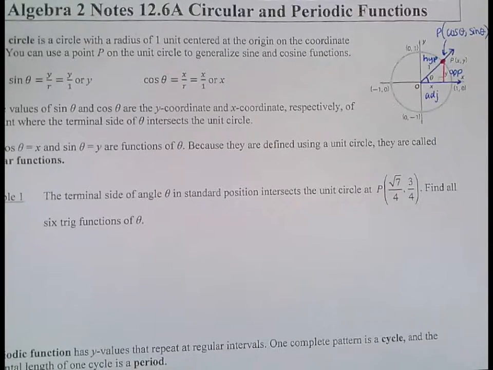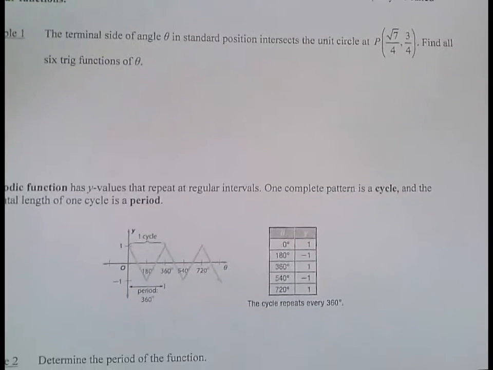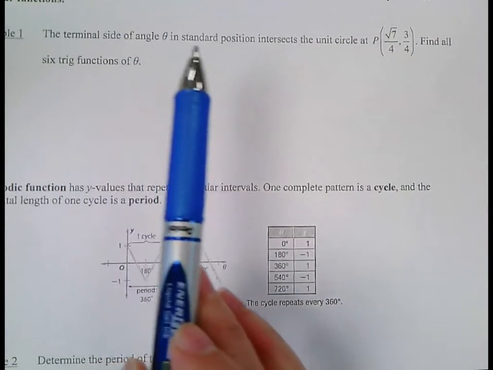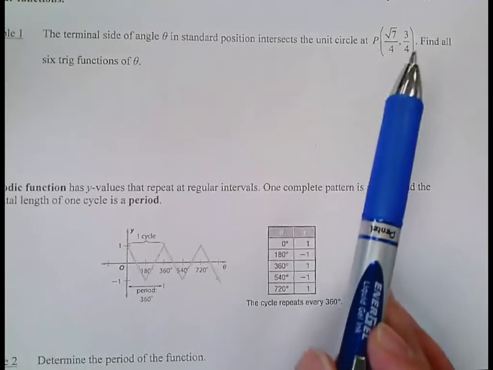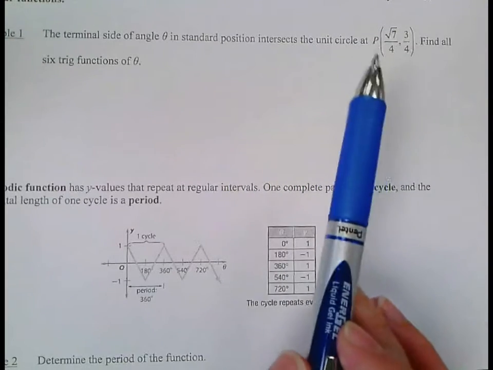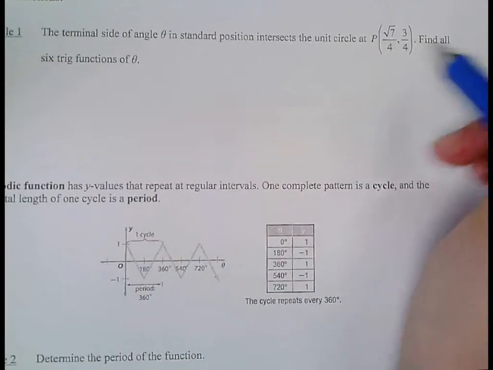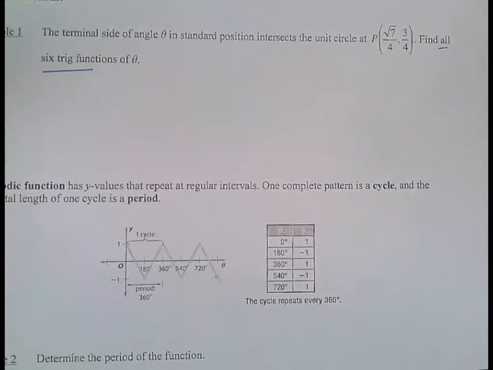So the first example that we're going to go through, you'll have examples where it gives you the terminal side of angle theta in standard position intersects the unit circle at some point. So this point is square root 7 over 4 and then 3/4. Find all 6 trig functions of theta. So we're going to find sine, cosine, tangent, and their reciprocals.